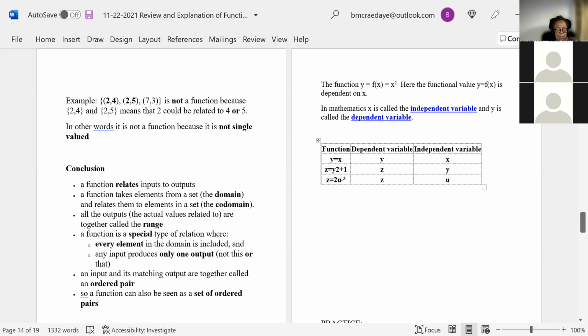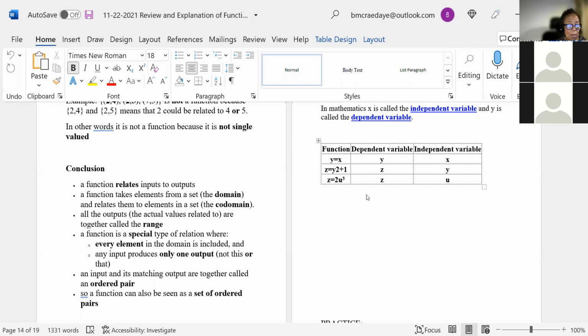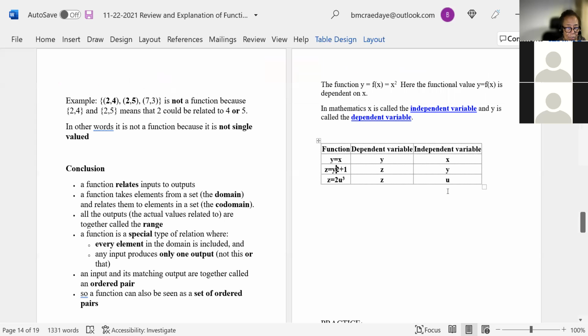This is a 3 raised to the 3rd power, and this actually is y to the 2nd power. Let me put the y squared there.